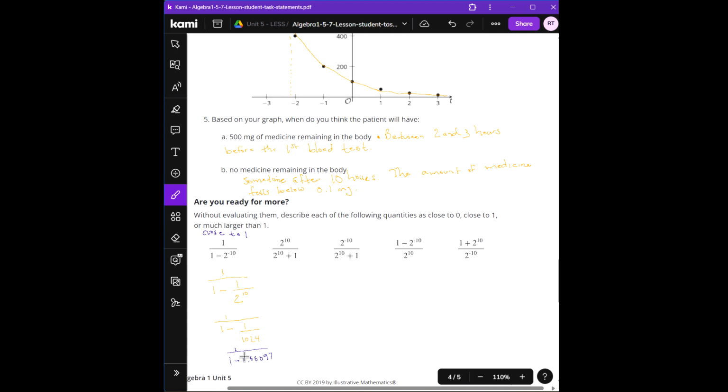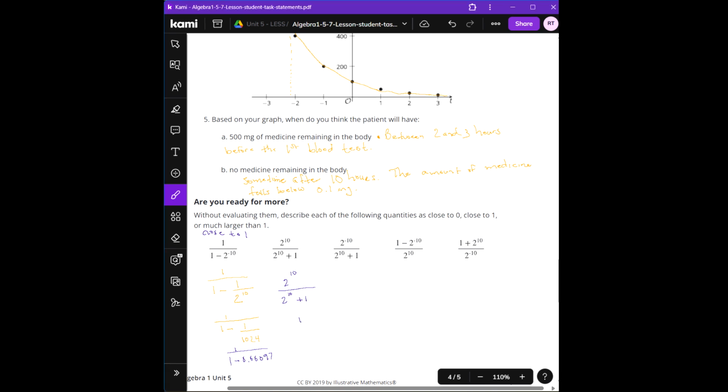So for the next one, remember what we can do here. If we have 2 to the 10th divided by 2 to the 10th plus 1, 2 to the 10th is going to be 1024.